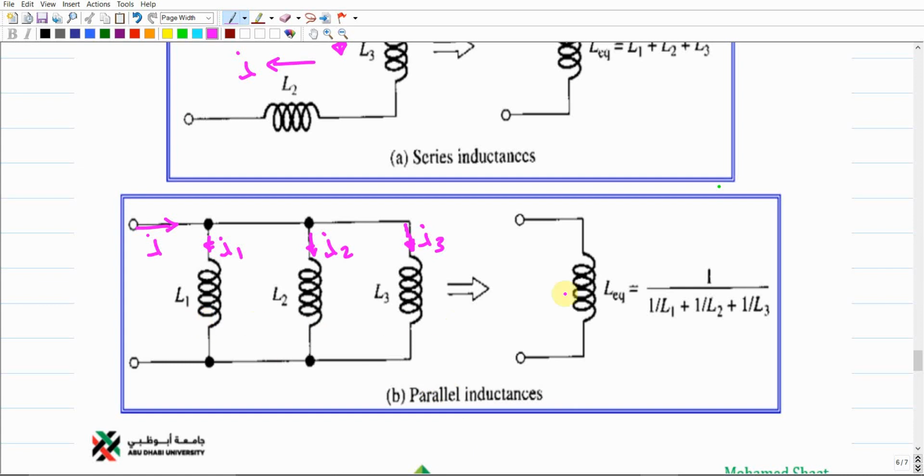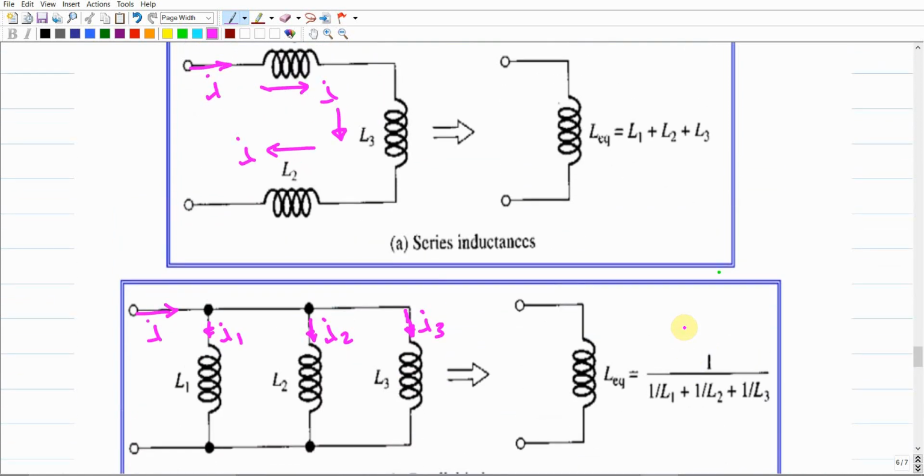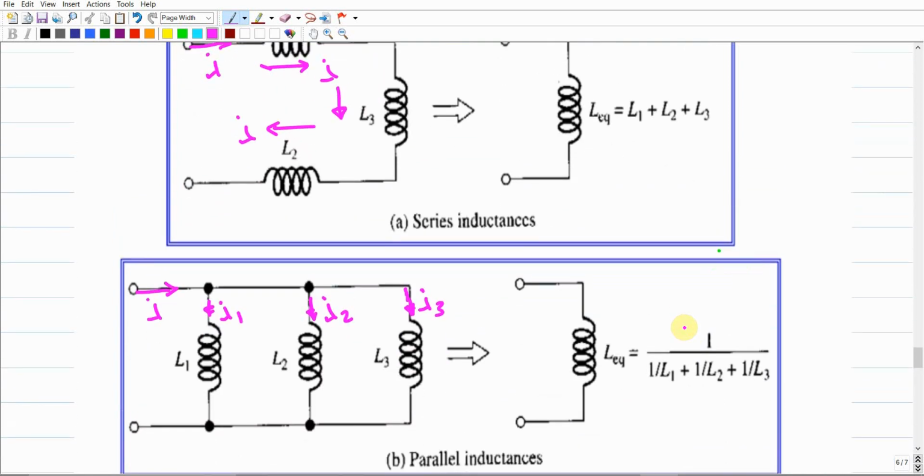So to calculate their equivalent, it is typically the same as we did for the resistors: 1 over L1 plus 1 over L2 plus 1 over L3, exactly like the resistors. As you can see, the capacitor is the element whose equivalent capacitance calculation is different, the opposite of the inductors and the resistors.